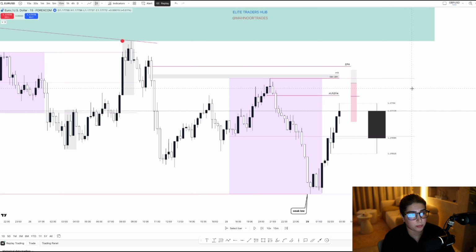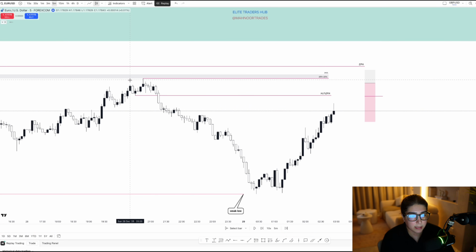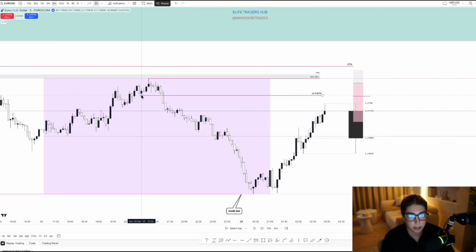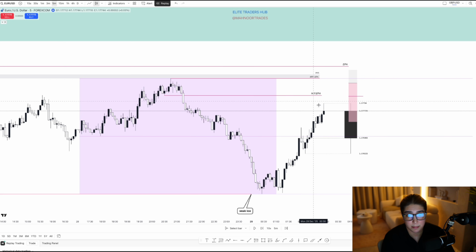Another point of interest: my middle time frames, which are M15 and M5, are basically the ones that I usually mark my points of interest on. So on M15, the most obvious one is obviously the Asia high. When I drop down on M5, there's another one, which is this one here, the high probability efficiency point. The price can potentially go towards it and then give us some sort of lower time frame confirmation to get into some sort of sell.